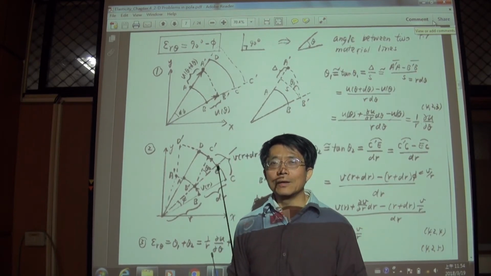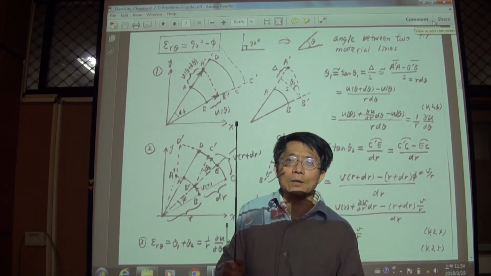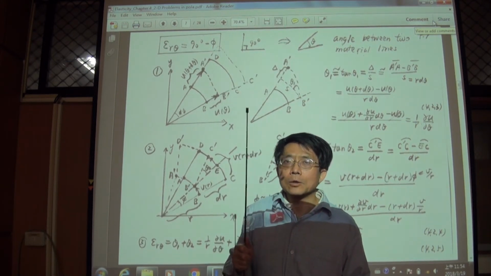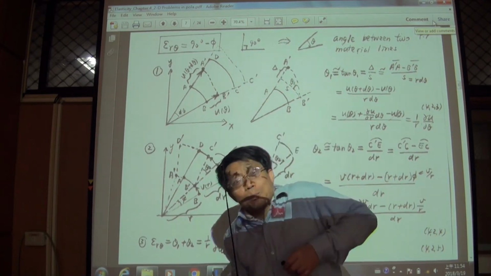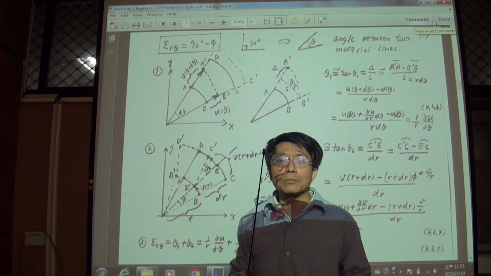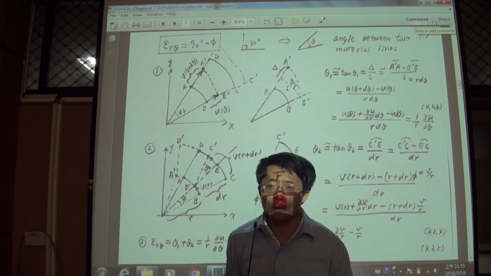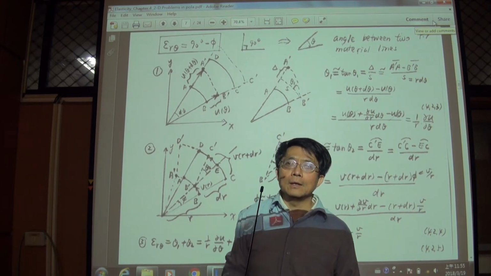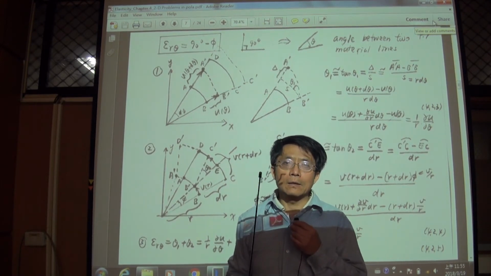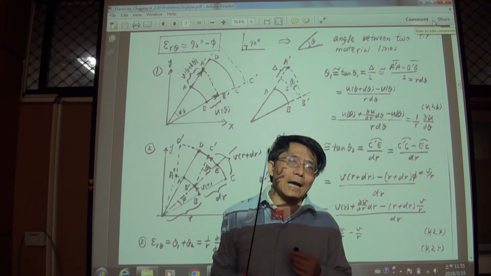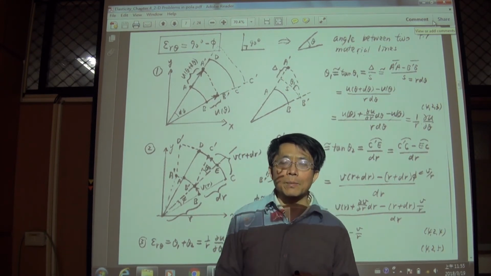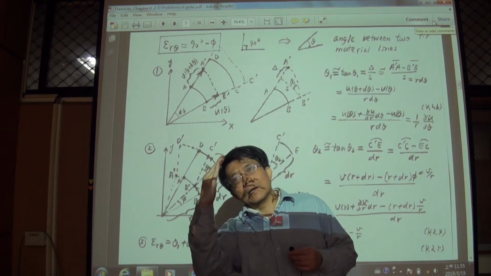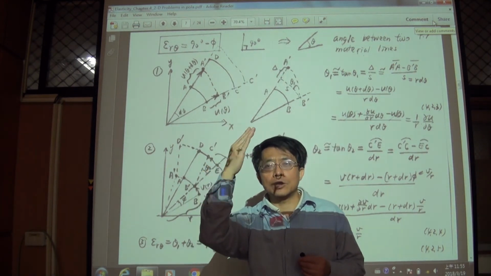For example, if you deform the right-hand side a little bit and the left-hand side a lot, then the material line will be distorted. If you deform it in the same way, then there is no shear strain. If this side has a small displacement but this side has a very large displacement, then it will tilt upward.